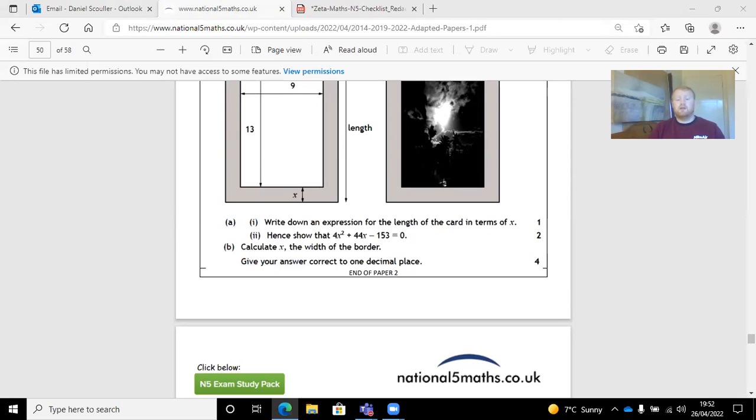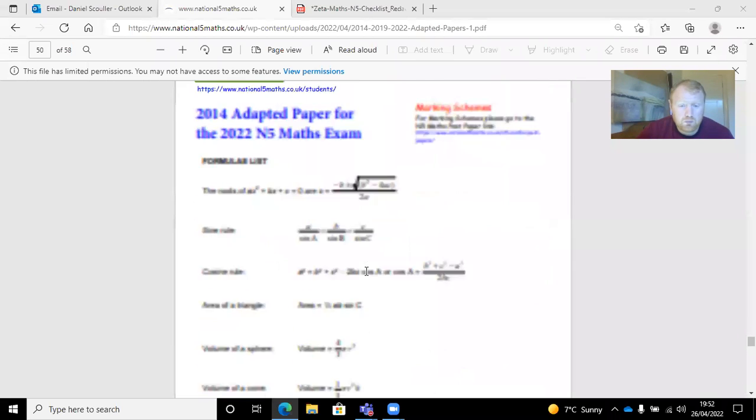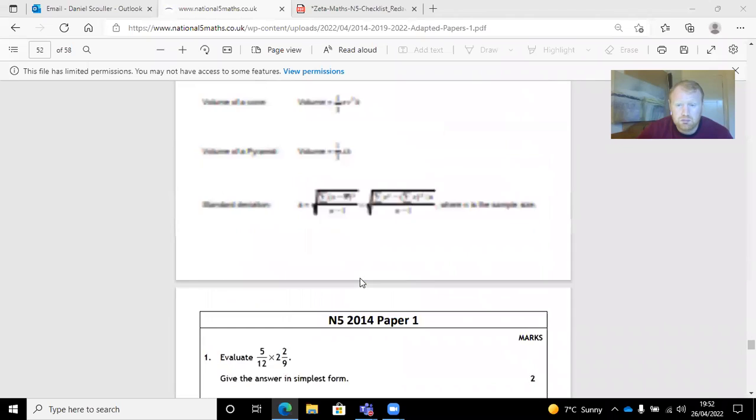Okay, so these are different types of simultaneous equation questions, and you'll see you might be thrown by a couple.